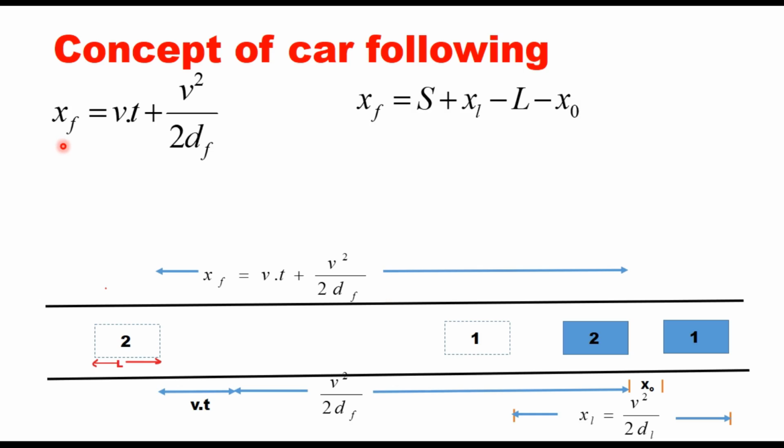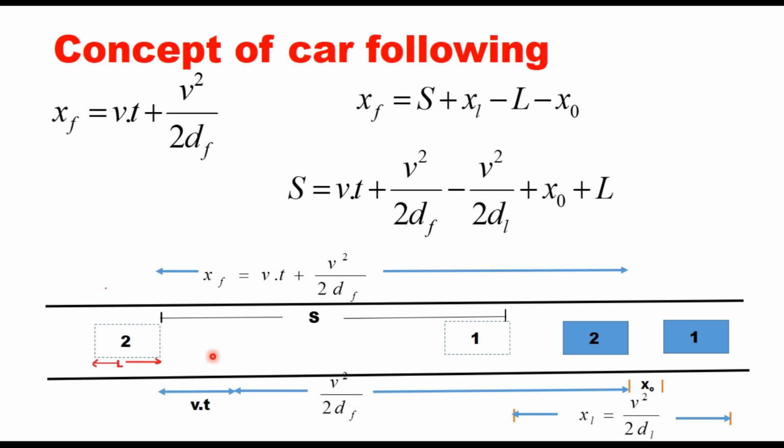Now this distance XF you can write as s plus XL, that is the distance required by the lead vehicle to stop, minus length of the vehicle minus x naught.